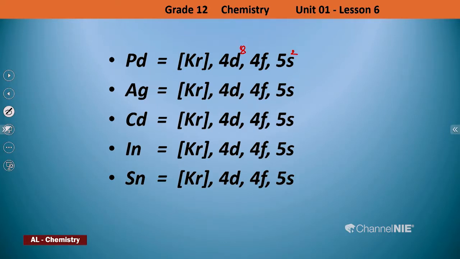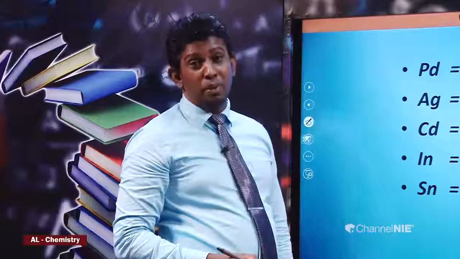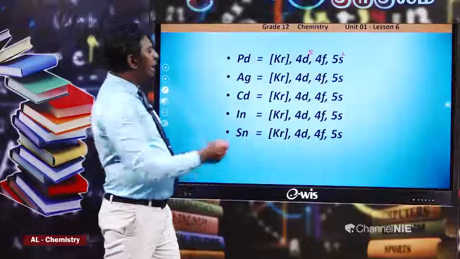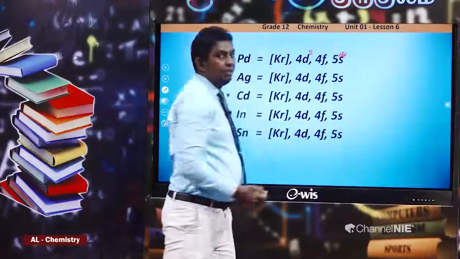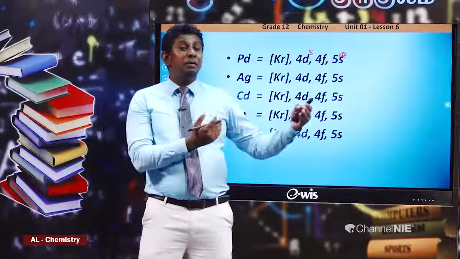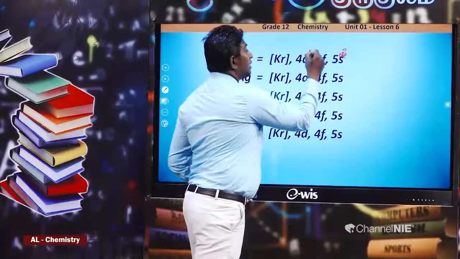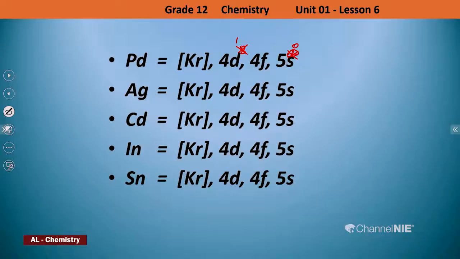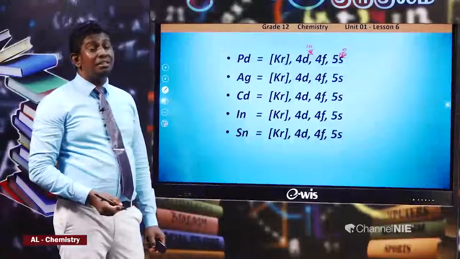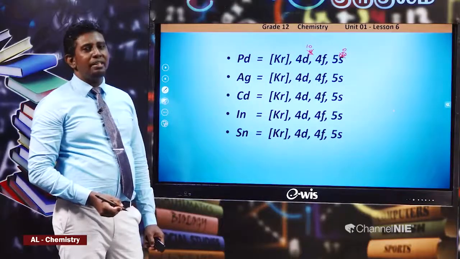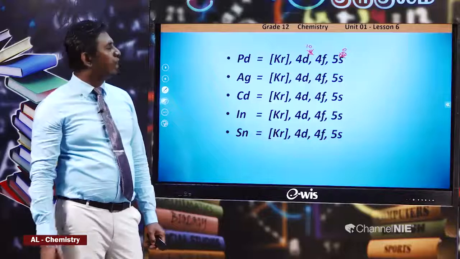Though according to Aufbau's principle it would be so, there is a rearrangement regarding 2 electrons. The 2 electrons get rearranged here, making it 5s0 4d10. It's another illogical rearrangement, we could say. So it's the only rearrangement with 2 electrons you could find here.